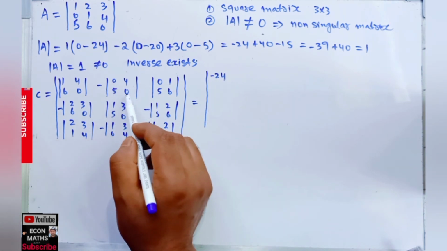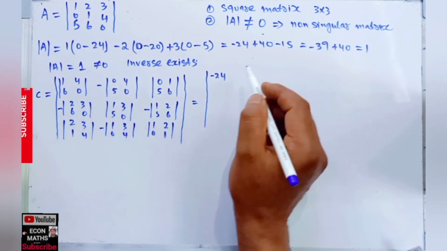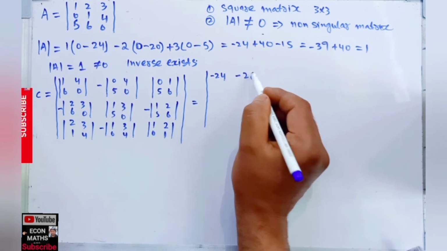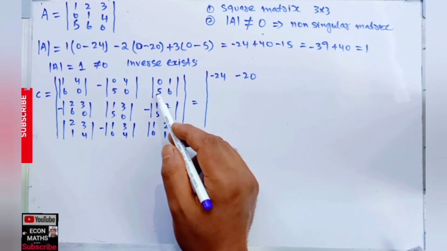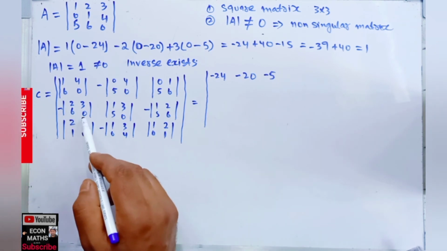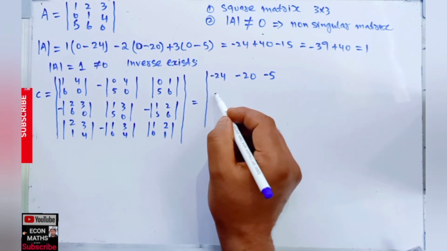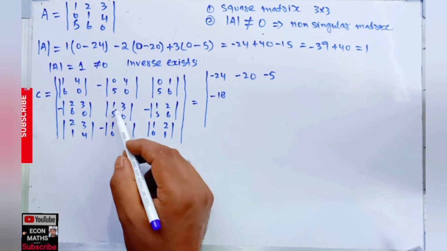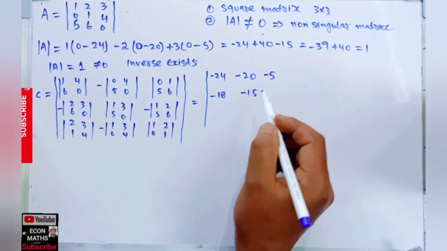Here 0 5 fours are 20, that is minus 20, because the sign is minus. Similarly, 0 into 6 is 0, minus 5 ones are 5, that is minus 5. Here 2 zeros are 0, 6 threes are 18, that is minus 18, because of the given sign. Similarly, 1 zeros are 0, minus 5 threes are 15, so 0 minus 15 is minus 15.